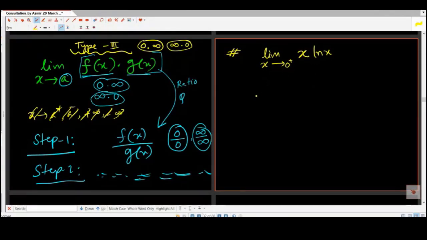We actually have x tends to 0. This is the thing. That means first we have to locate x. So here we have x and x. So let's input 0. So 0 times natural log of 0, it is actually negative infinity.